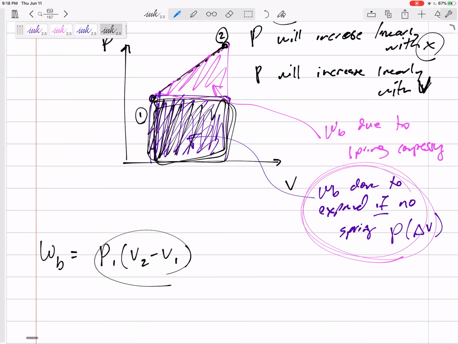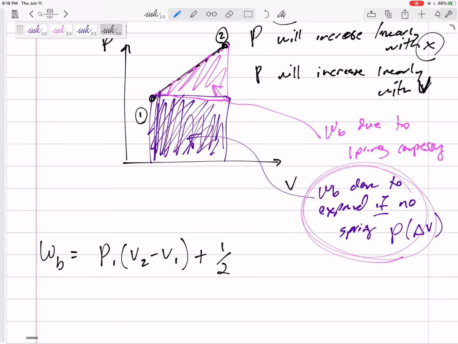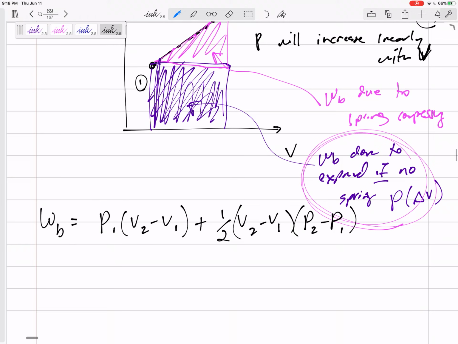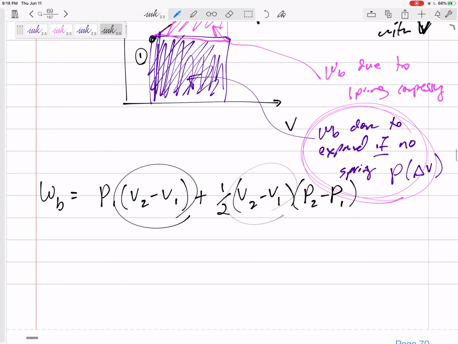The boundary work just because it's expanding, plus, what's the area of a triangle? 1/2 base times height. This height would be P2 minus P1. We could box that in, or we could do a little bit of math and factor this out.